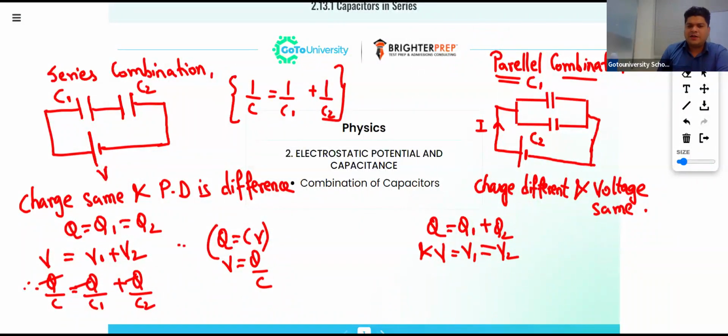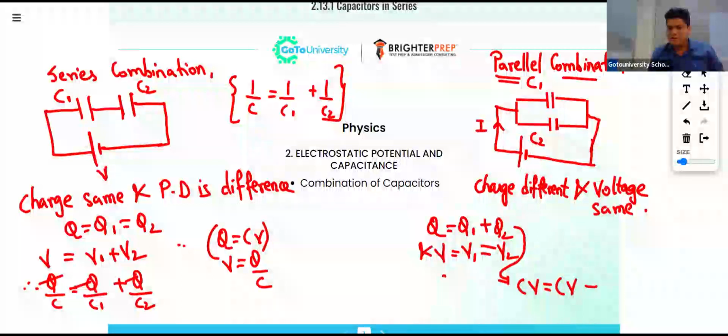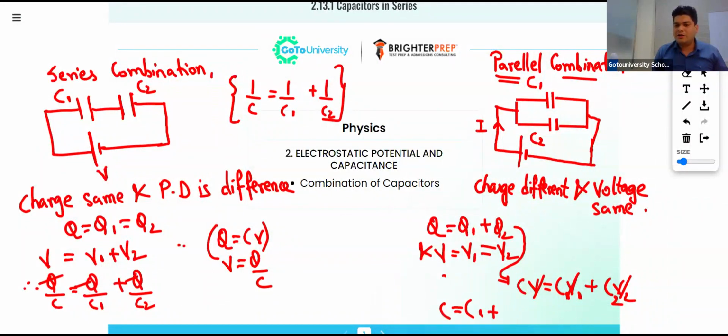We have the formula Q is equal to CV, because of which we can write this. So what in this case will you get? In this case, if you substitute in place of Q, CV, charge is different, this is 1, this is 2, but voltages are same, so this will get cancelled, and you will get C is equal to C1 plus C2.